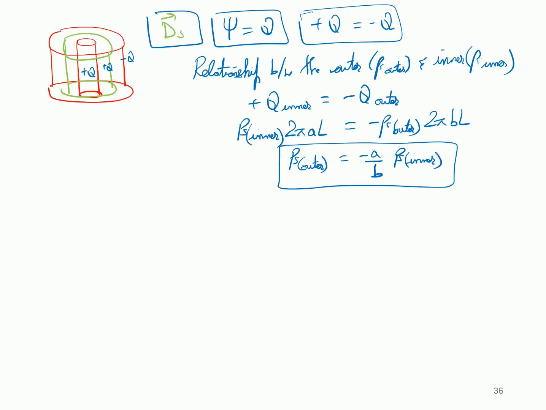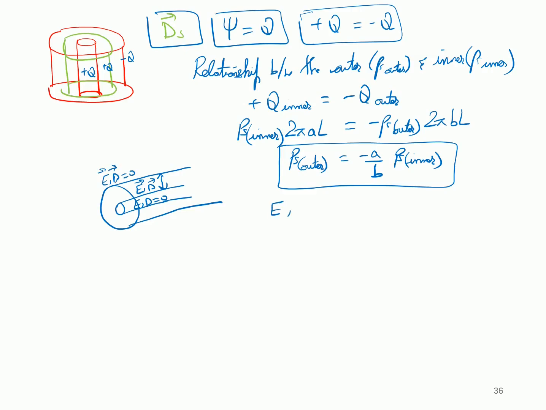One important thing to realize, which we have seen previously as well, is that whenever we have two conductors, let's say this is an inner conductor and this is an outer conductor, the electric field and the electric flux density are only going to exist in between the inner and outer conductor. They are not going to exist inside or on the surface of the conductors.